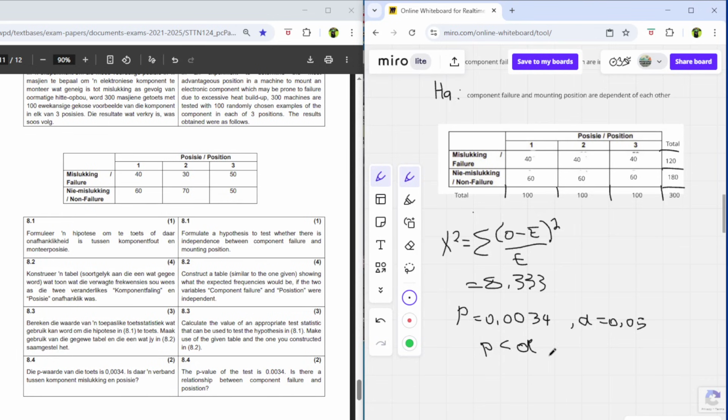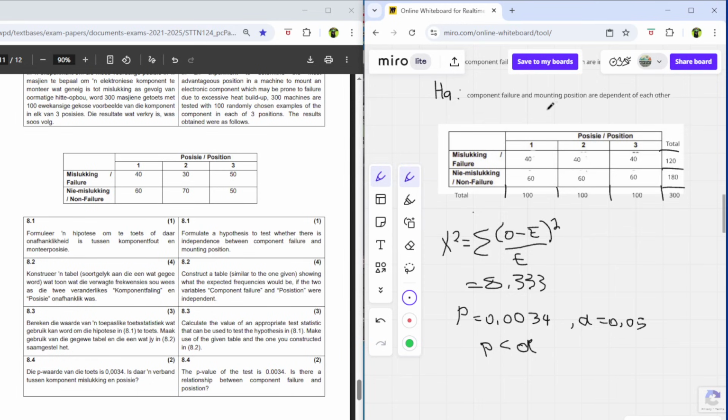So the p-value is less than alpha. If the p-value is less than alpha, then we're going to reject the null hypothesis, which says they are independent, and then we're going to say component failure and positions are dependent of each other. So meaning there is a relationship.